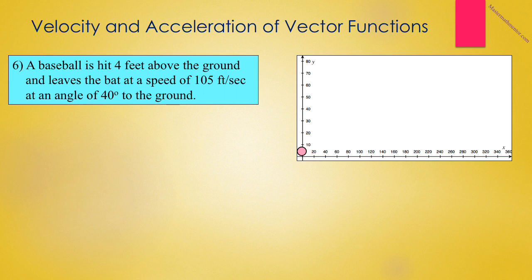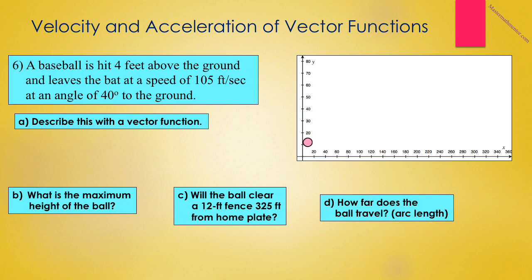Number 6 reads, a baseball is hit 4 feet above the ground and leaves the bat at a speed of 105 feet per second at an angle of 40 degrees to the ground. Let's model that. There are 4 questions we need to have answered.